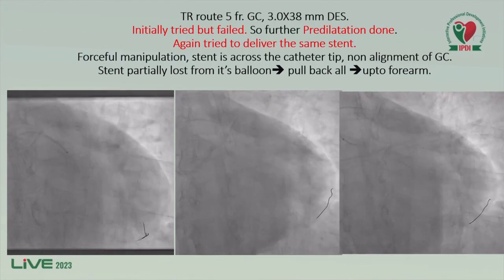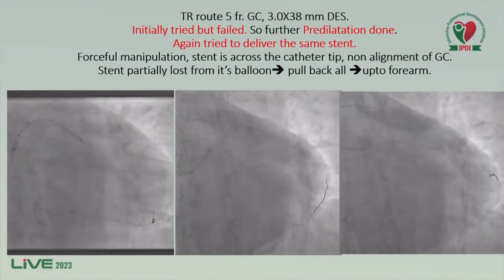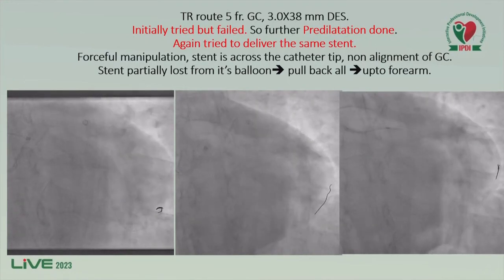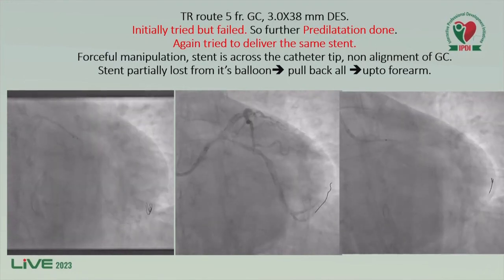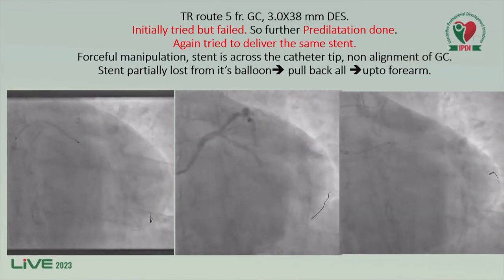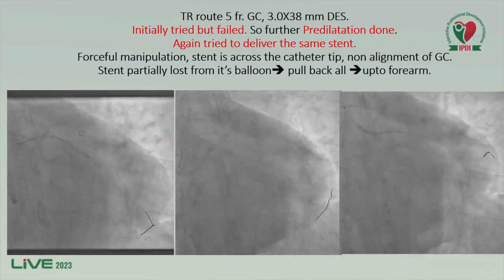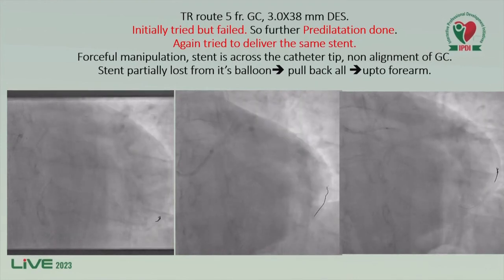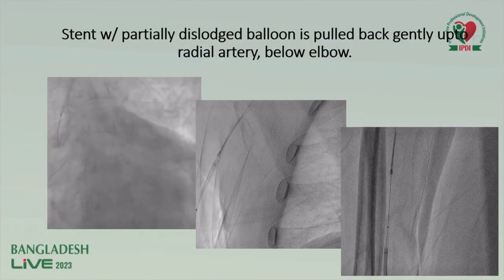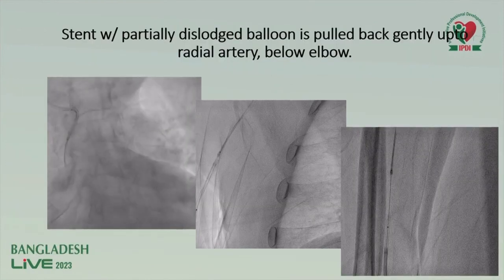The catheter is manipulated in a very bad way, and at some point the balloon is pulled back away from the stent, and the stent edge is distal. So in these circumstances, the whole thing was pulled back.